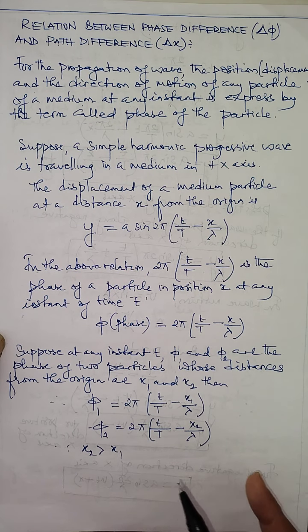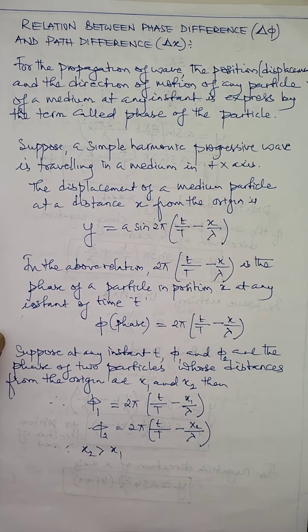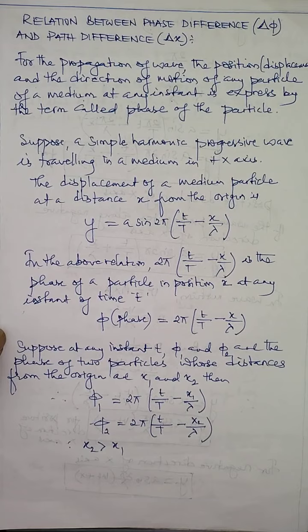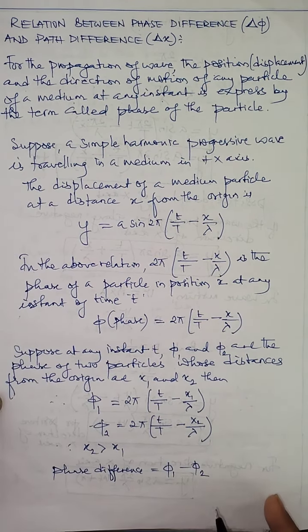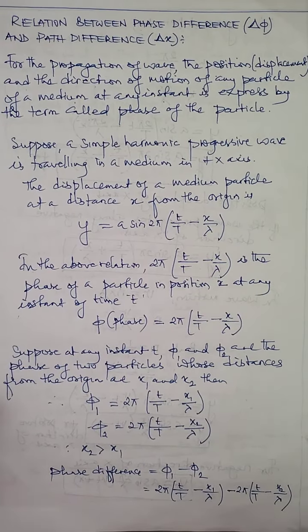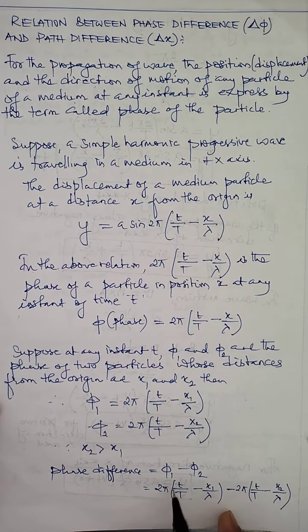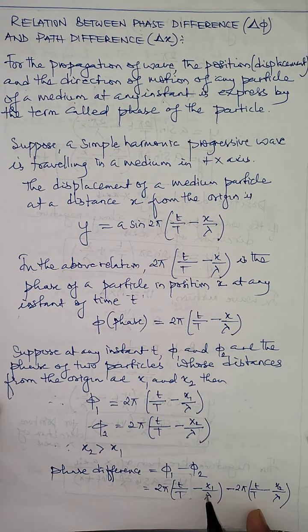Then the phase difference between the two particles can be measured as phi 1 minus phi 2, and phi 1 can be replaced by 2 pi bracket t by capital T minus x1 by lambda, minus phi 2, which is 2 pi bracket t by capital T minus x2 by lambda.